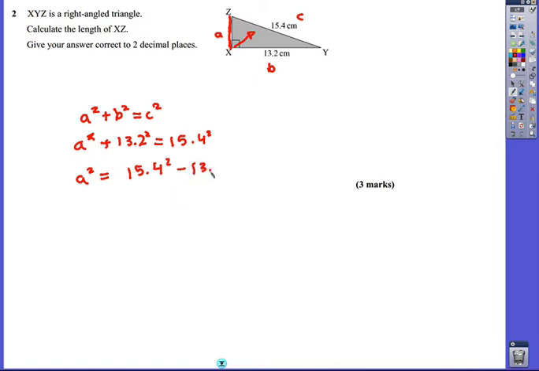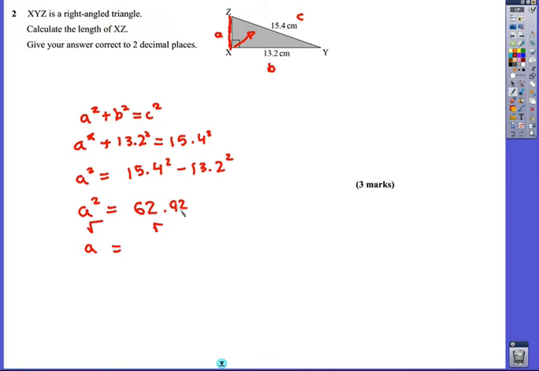So A squared is equal to 15.4 squared subtract 13.2 squared. And I don't know what the answer to this is, but we can work it out. That's just going to give us A squared is equal to 62.92. So to get what A is, we just have to square root both sides to cancel out the square.